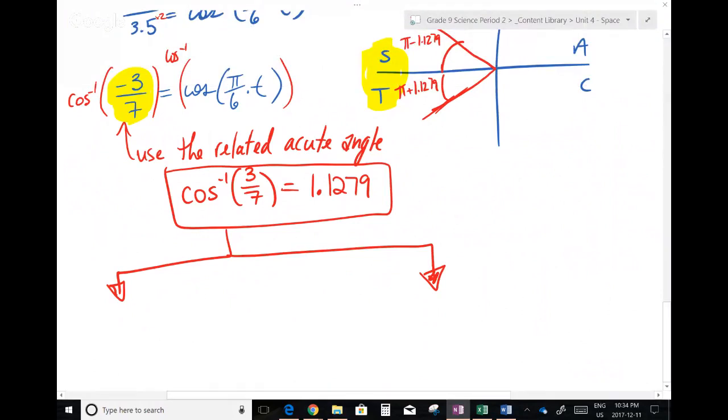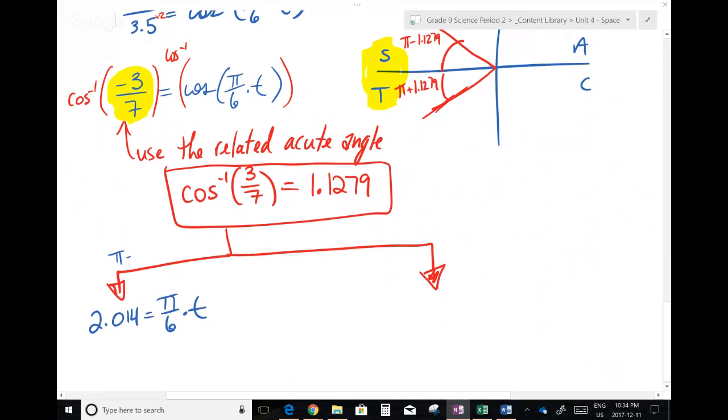And over here, I'm going to say, now what is pi minus 1.1279? I'm just going to do that over here, pi minus 1.1279. And that gives me 2.014 equals pi over 6 times t. All right, that is pi minus 1.1279.